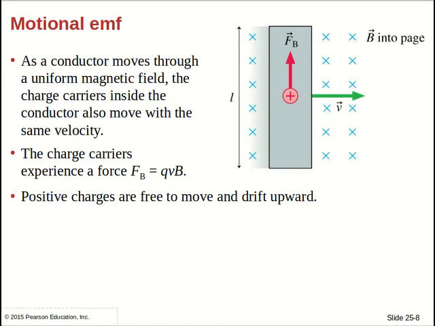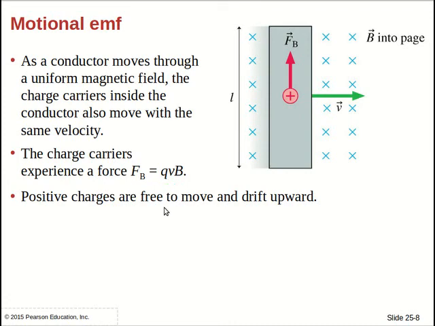Now, the charge carriers inside the metal experience a magnetic force equal to QVB. Remember, the force on an individual charge moving at velocity v through a magnetic field B is QVB. So the force on each charge carrier is QVB.